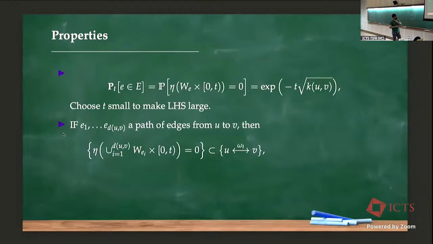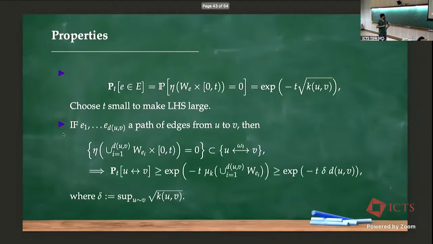So what else can we say? Now let's look at connectivity. If you have a path of edges from U to V, and I see no Poisson walls there in 0 to t, then U and V are going to be connected in omega.